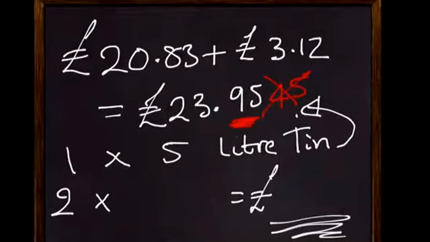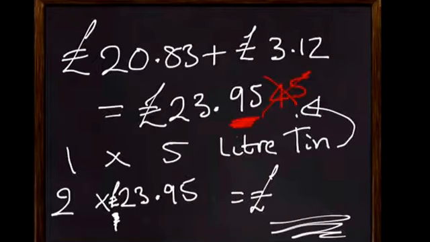So if we multiply that number now by 2, we're going to multiply the £23.95 by 2. Make sure you use your currency throughout the exam. You're showing that you know where to use your symbols.